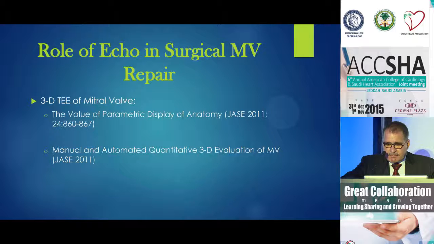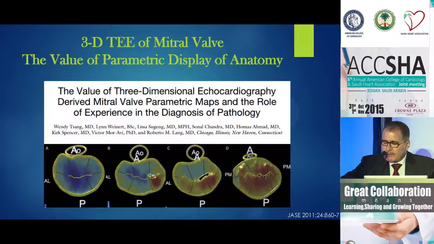There is this parametric display of anatomy. I just want you to look at what type of display you are going to see using this software, using 3D TEE, where you can see all the leaflet lines. You can see the anterior, and of course the anterior is towards the aortic valve. The posterior is, of course, on the opposite side.